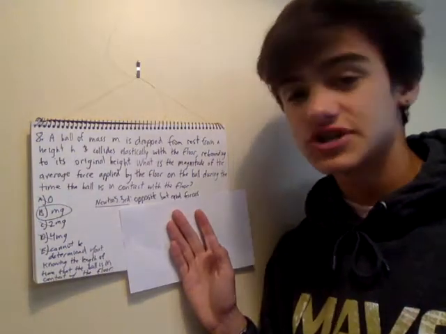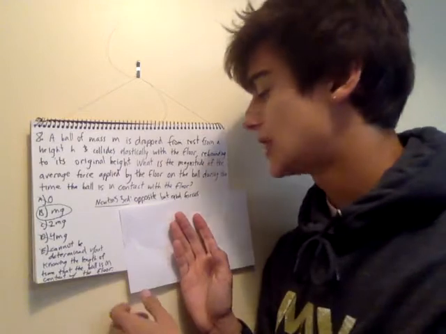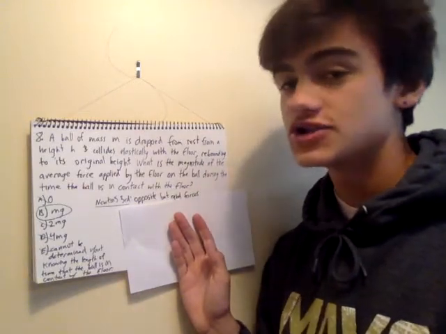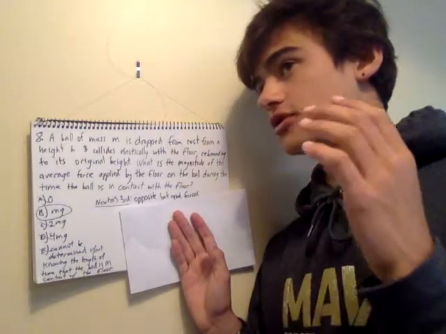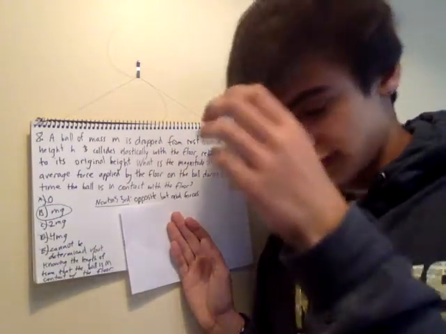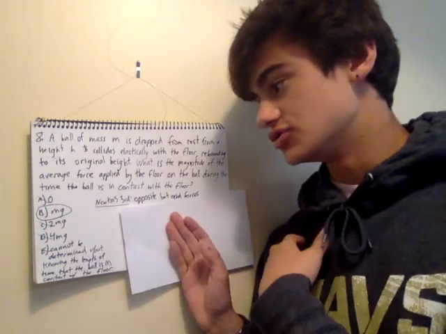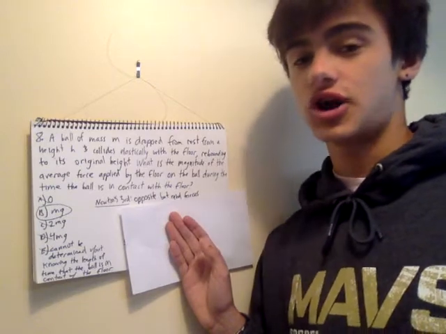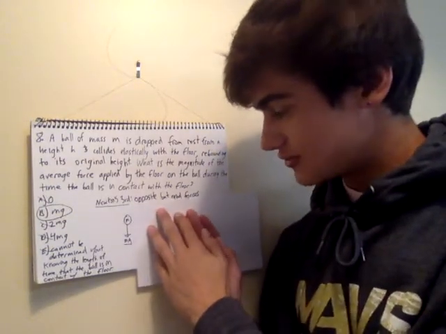Opposite meaning in the opposite direction, but equal meaning of the same magnitude. In this example, the ball is going to exert a force on the floor because it's going to fall and hit the floor. And in doing so, according to Newton's third law, the floor is going to exert an opposite but equal force on the ball. So we're going to draw a free body diagram.